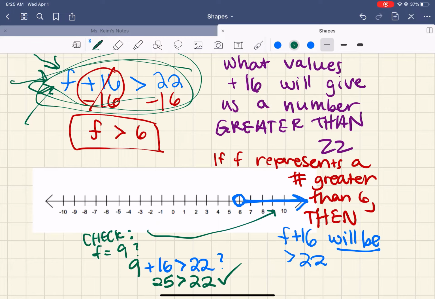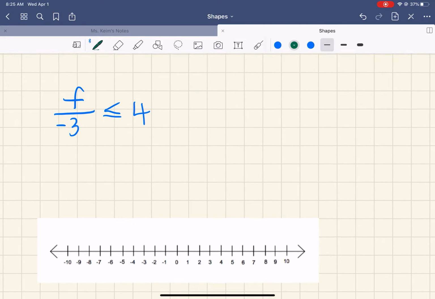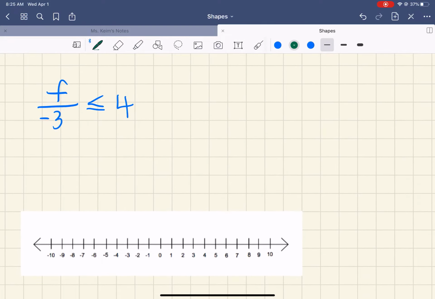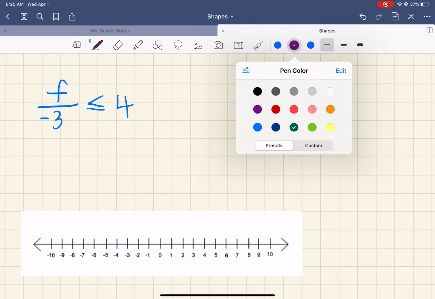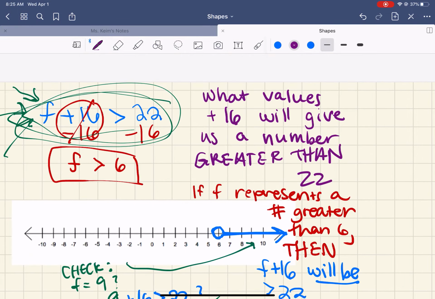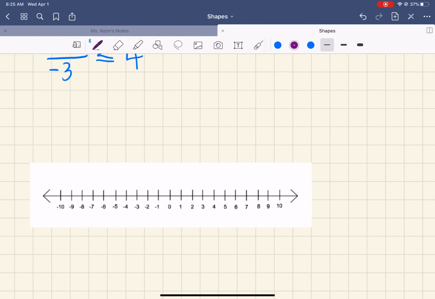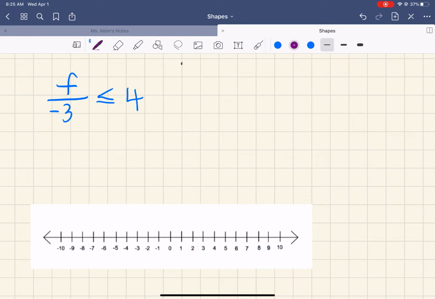Let's look at an example, because this example is very similar to how we solve equations except for graphing it. We're going to look at an example that's a little different, right? If I have f divided by -3 is less than or equal to 4, what the heck does that mean? We want to know what values, right? Because f represents unknown values.